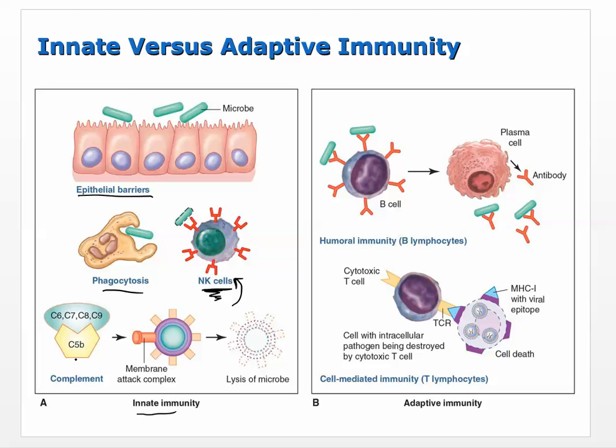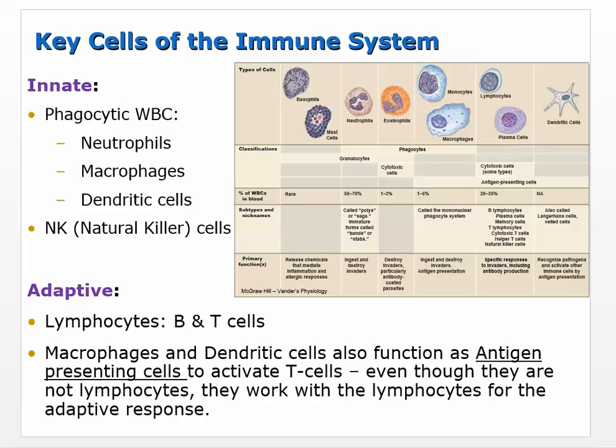The complement and the membrane attack complex, we'll talk about that as well. And then the adaptive immunity, and we see here B cells and we see T cells, okay? Specifically cytotoxic T cells and B cells that develop into plasma cells, okay? So we'll talk about how those things work.